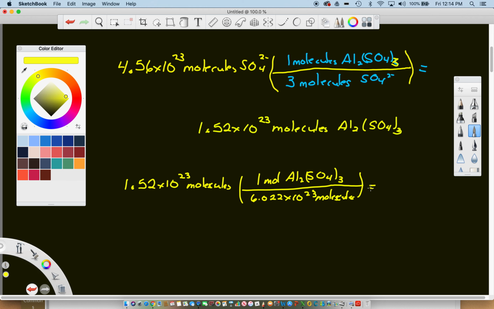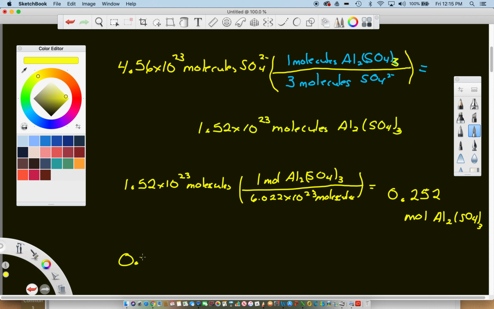So this will give us moles. Shouldn't have cleared my calculator. And that gives me 0.252 moles of aluminum sulfate.